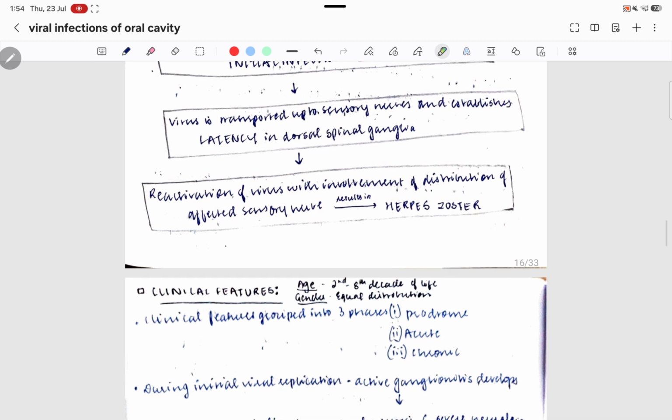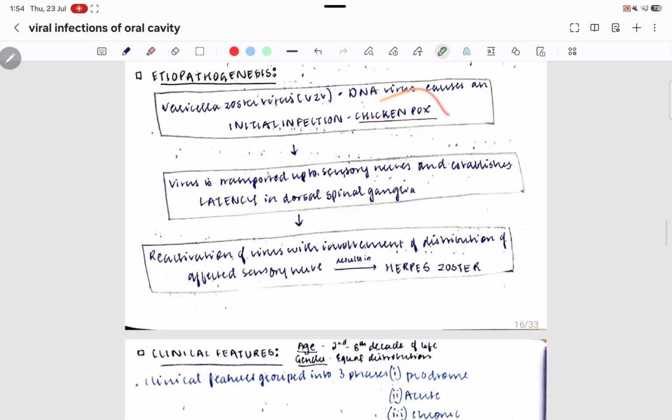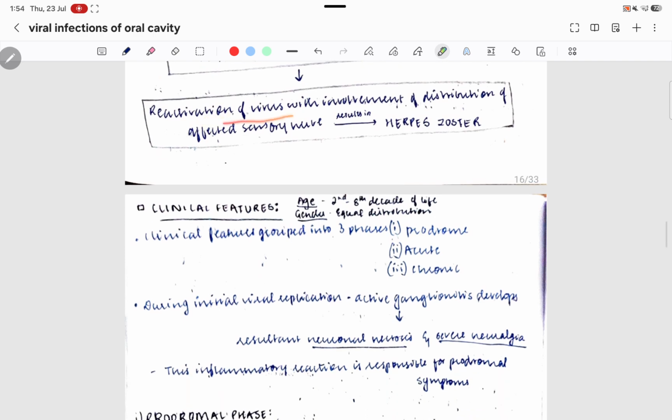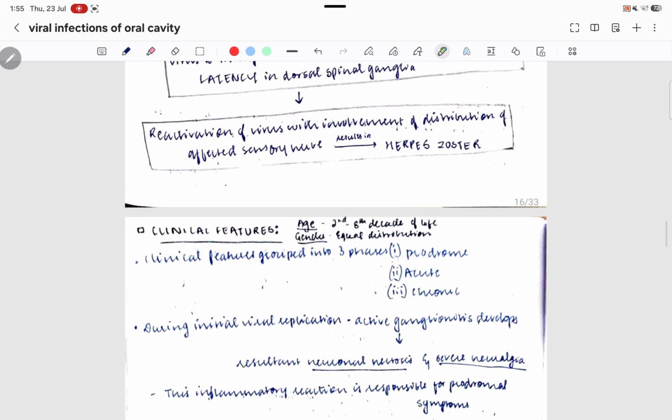First the varicella zoster virus infiltrates the human cell and initially shows a clinical manifestation of chickenpox. Then the virus is transported to sensory nerves and establishes latency in the dorsal spinal ganglia. Then reactivation of the virus occurs, with involvement of the distribution of the affected sensory nerve, resulting in herpes zoster.